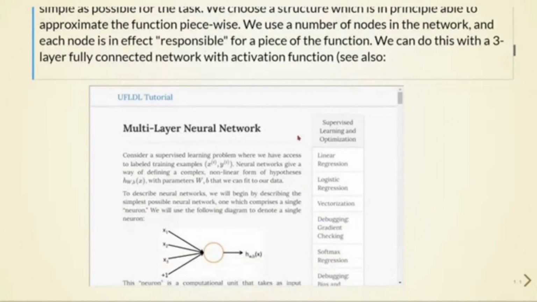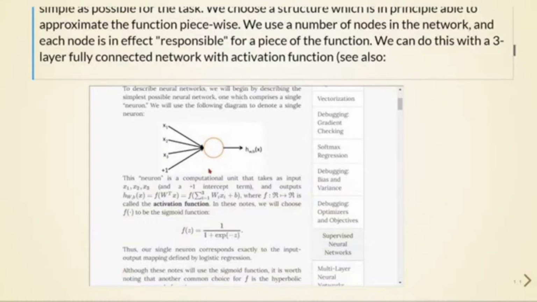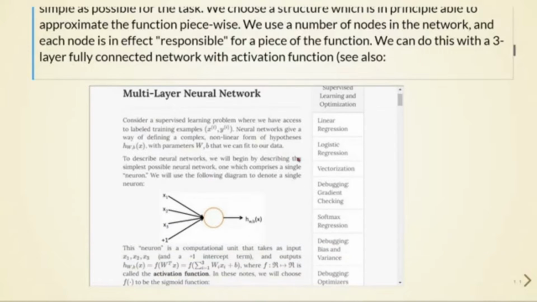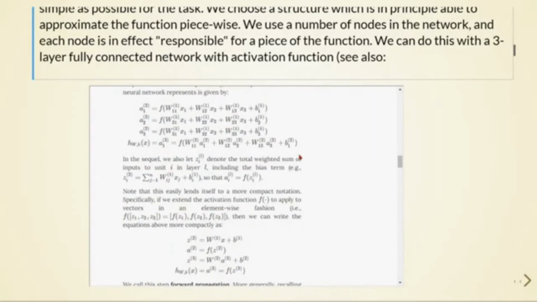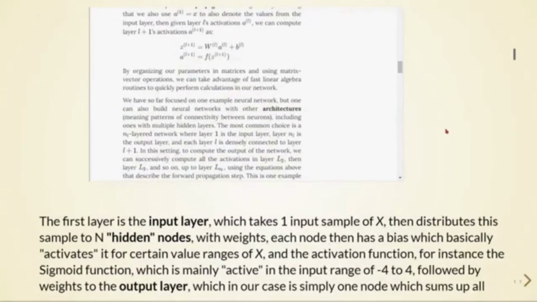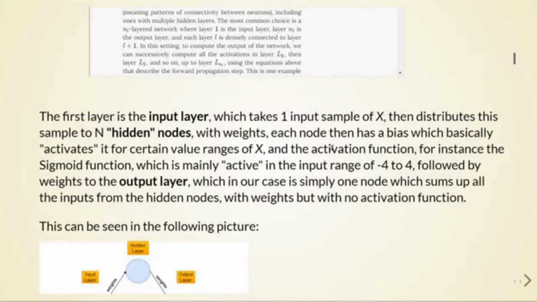You can also take a look at this tutorial explaining a multi-layer neural network and also the neural network model. So this is some reference of what we are doing.